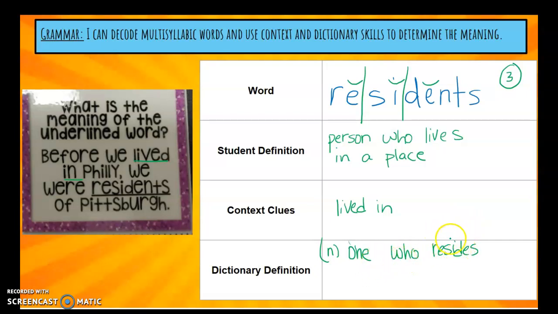So one who makes a home in a place. Oh my goodness, that's pretty close to what I wrote. Person who lives in a place. One who makes a home in a place. I did pretty good on that one. Sometimes I don't get anywhere close, and that's okay because you're trying and you're using your context clues and you're practicing this skill, and that's really what I'm looking for.